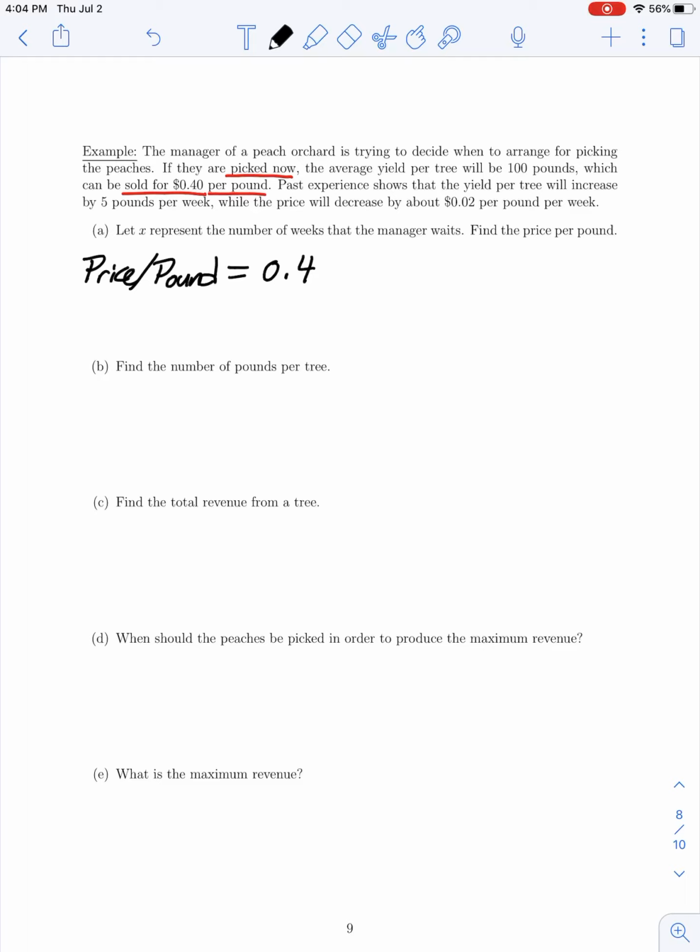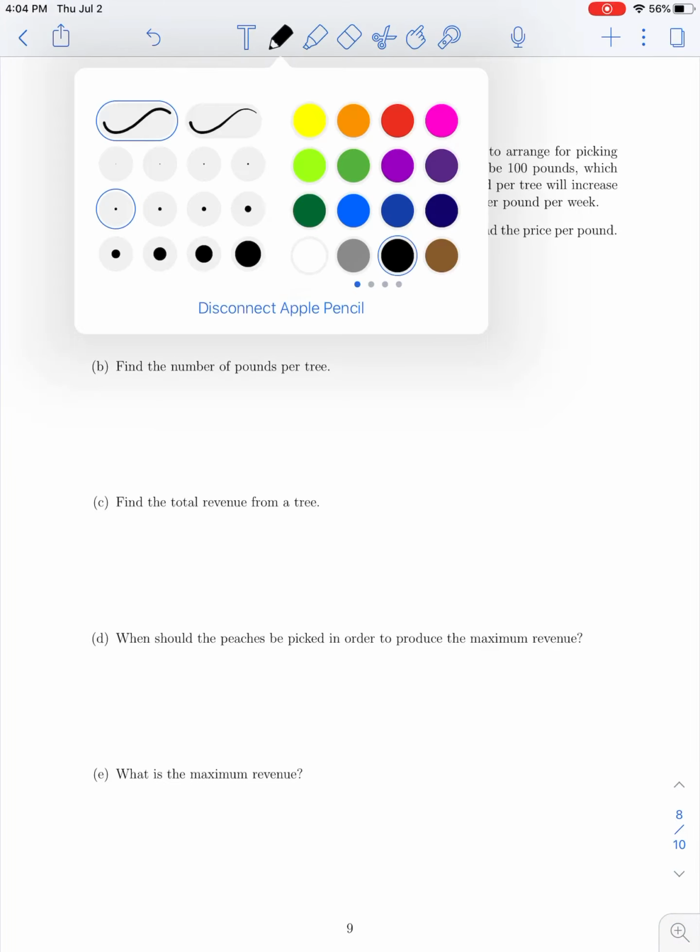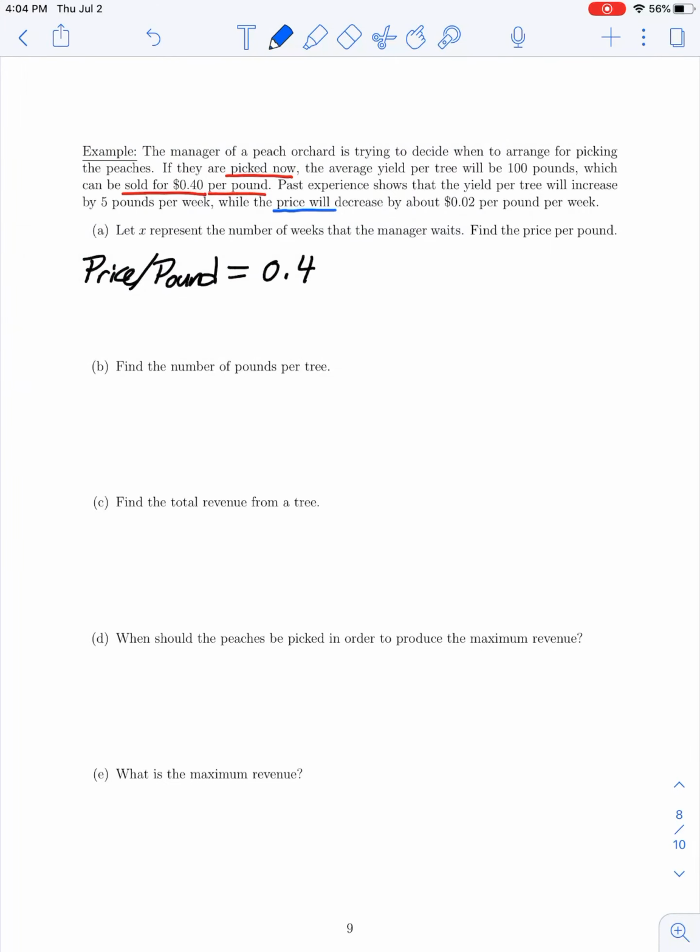And for each week that the manager waits, we are told the price will decrease by 2 cents per pound per week. So from our starting value of 40 cents a pound, we will have a decrease by 2 cents or $0.02 a week, and then we multiply by x, which is the number of weeks that we decide to wait. So our price per pound would be 0.4 minus 0.02x.